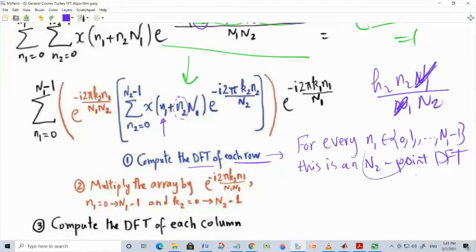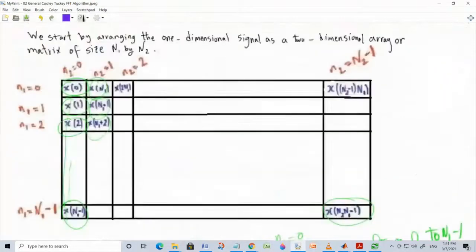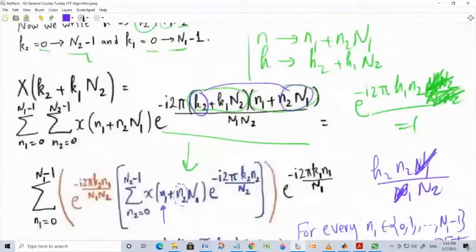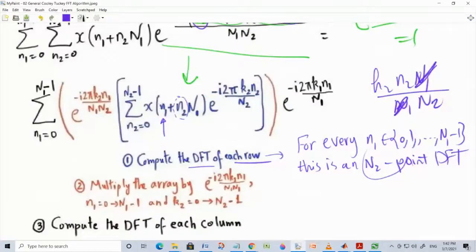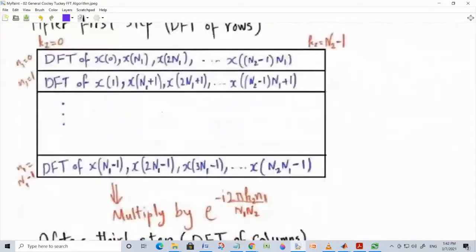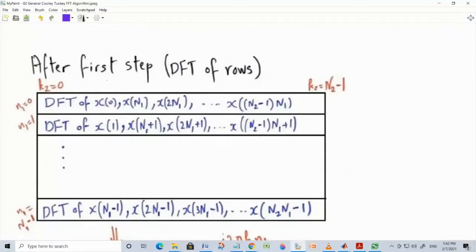It is an n2 point DFT. So you take your data, you arrange it in the matrix, and then you take the DFT of the first row, the second row, the third row, you finish all the rows because you compute the DFT for every n1.